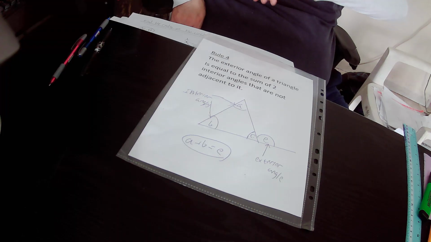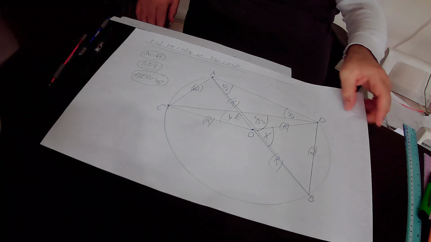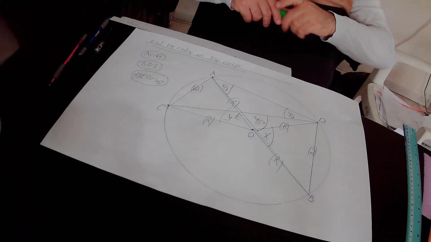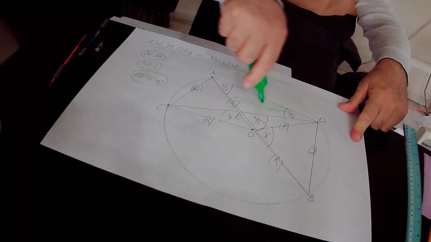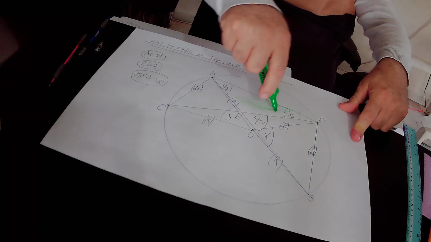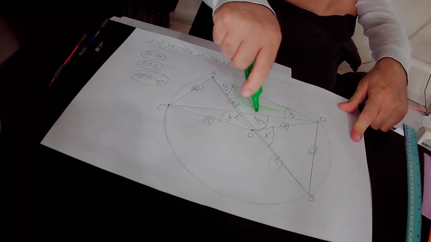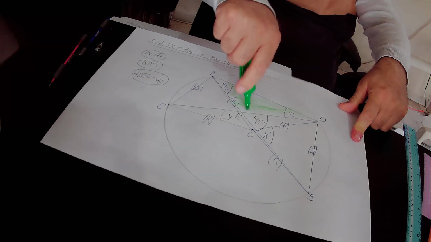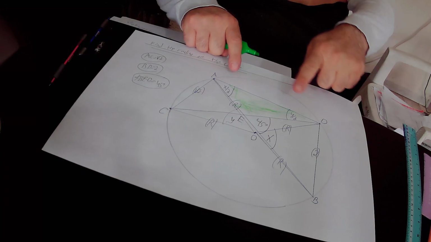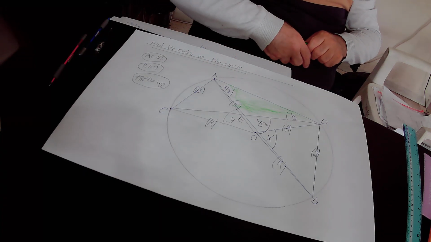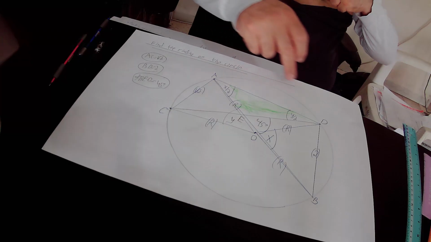Actually, we can implement rule 4 in our drawing. Why? Because in our drawing, if you focus on the green triangle ADE, in this green triangle ADE, x over 2 and y over 2, and this angle are all defined as the interior angles of this green triangle ADE.